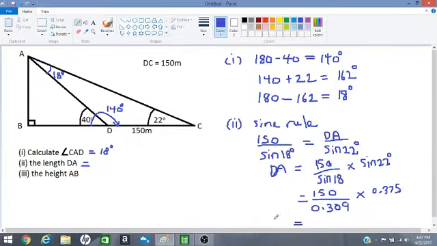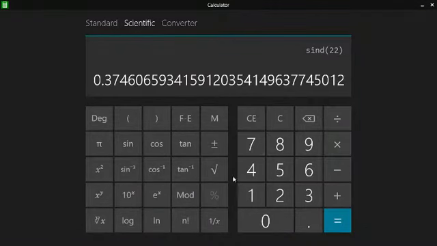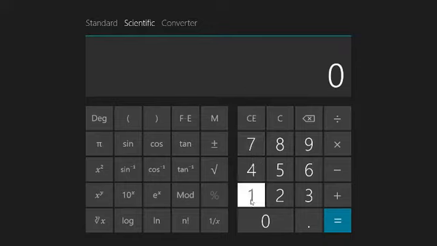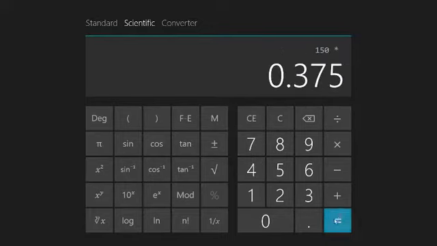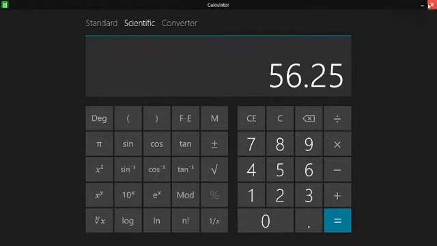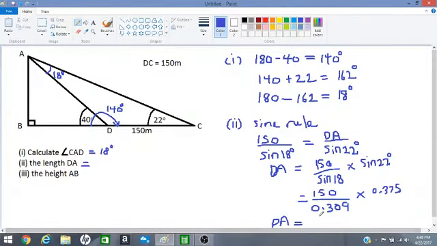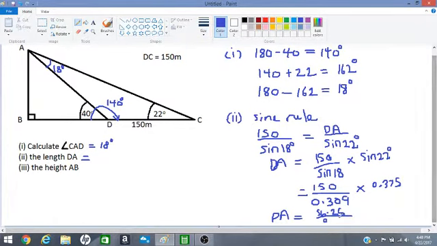So remember, we are finding DA, and let's do that. 150 multiplied by 0.375 equals 56.25. So it will be 56.25 over 0.309.